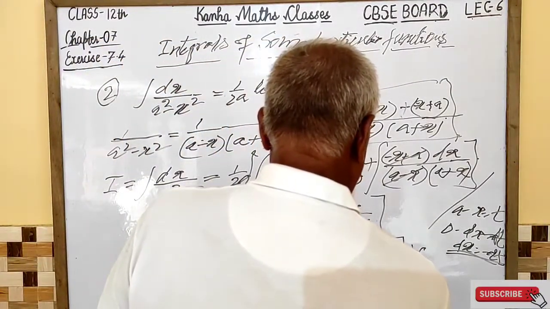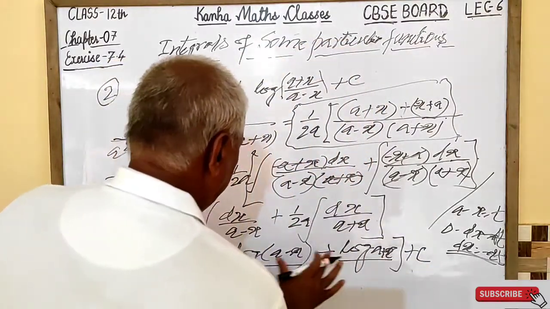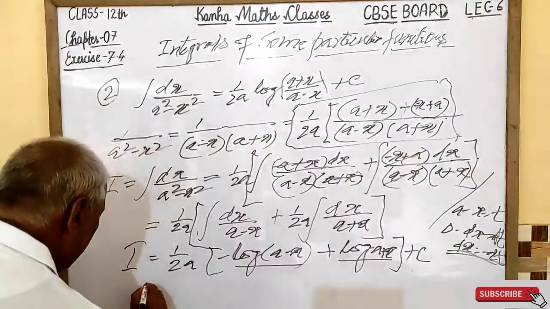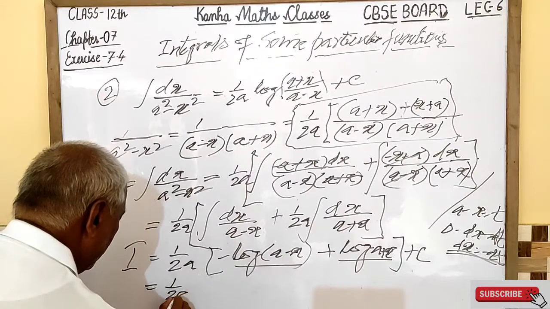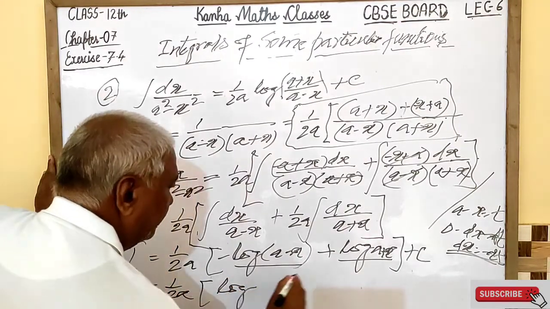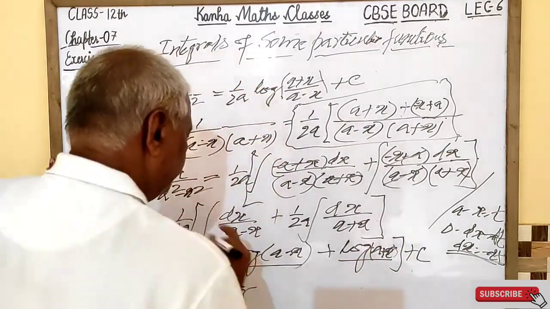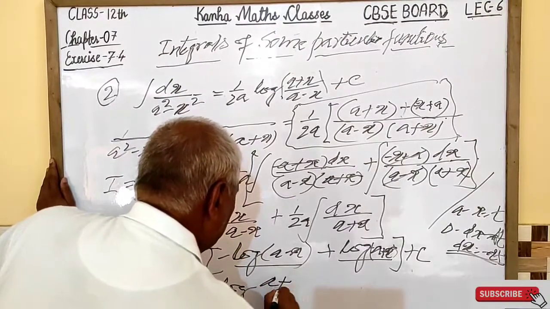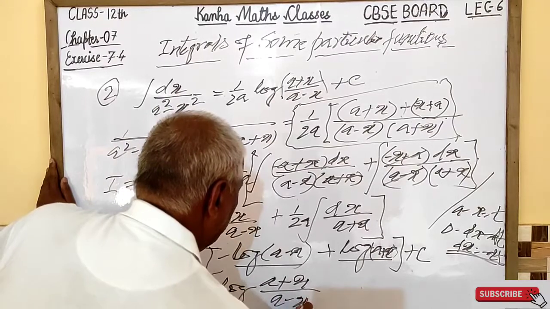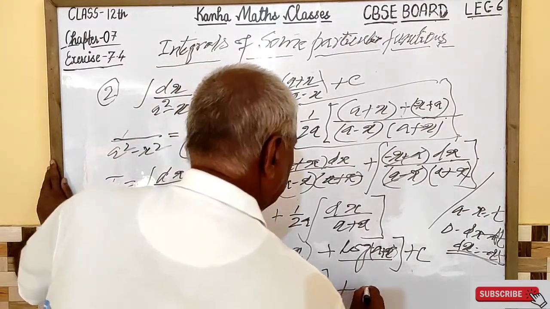log m minus log n, log m minus log n is equal to log m by n, hence 1 upon 2a log a plus x upon a minus x plus c.